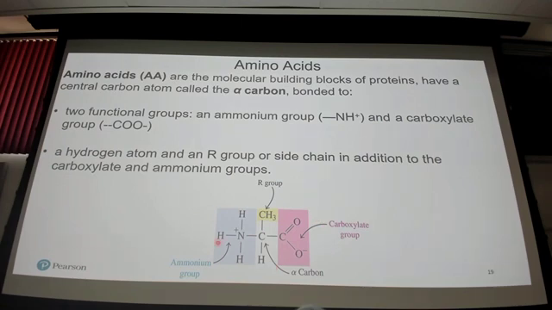All of these groups will be around a central alpha carbon, and then the important group of the amino acid will be the functional group. The functional group is going to let us know how amino acids interact with each other in biochemistry. We're going to go into more detail.